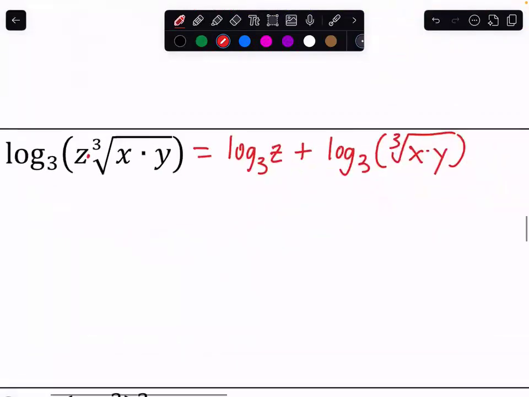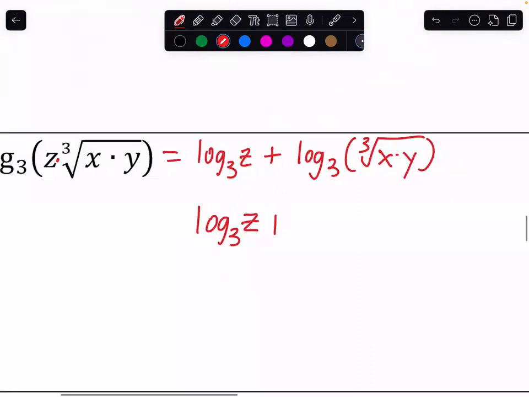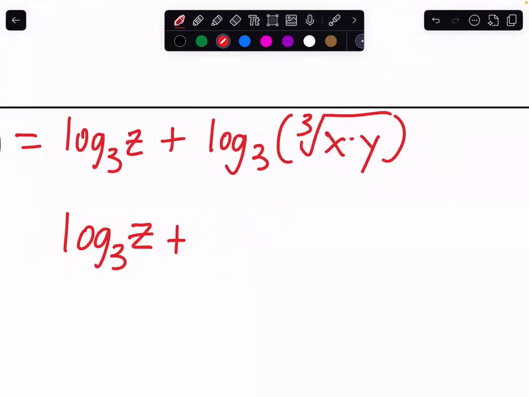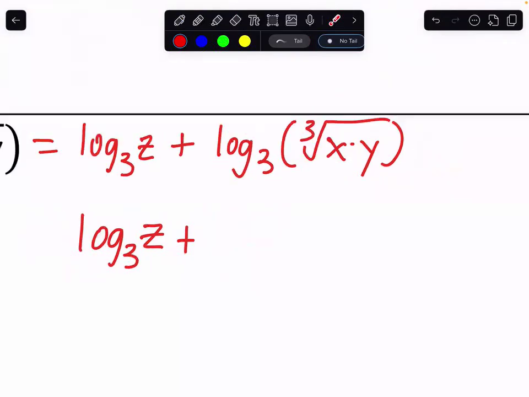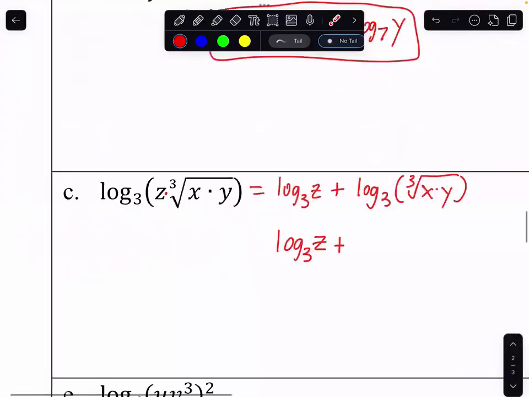Okay, so this part is fine. There's no exponent, there's nothing to worry about. So we'll keep this part the same. Okay, so this part, it doesn't look like there's an exponent that we can work with, but we need to recall that radicals can be rewritten as fractional exponents, right?